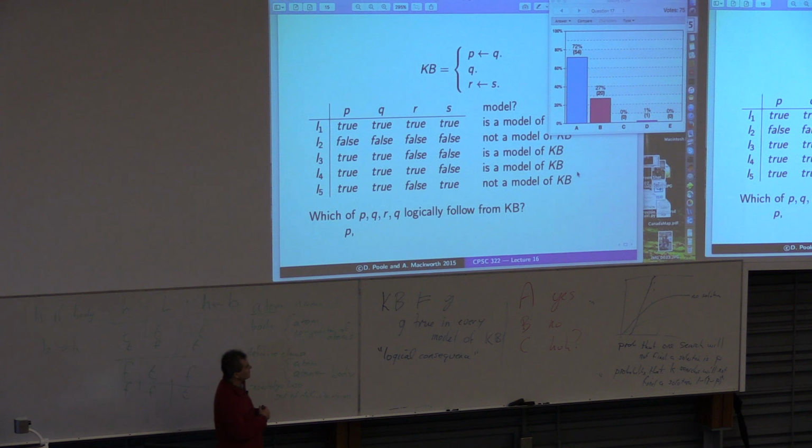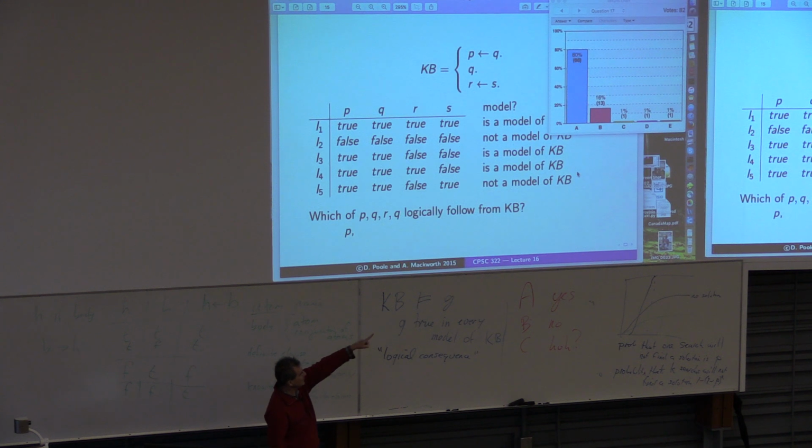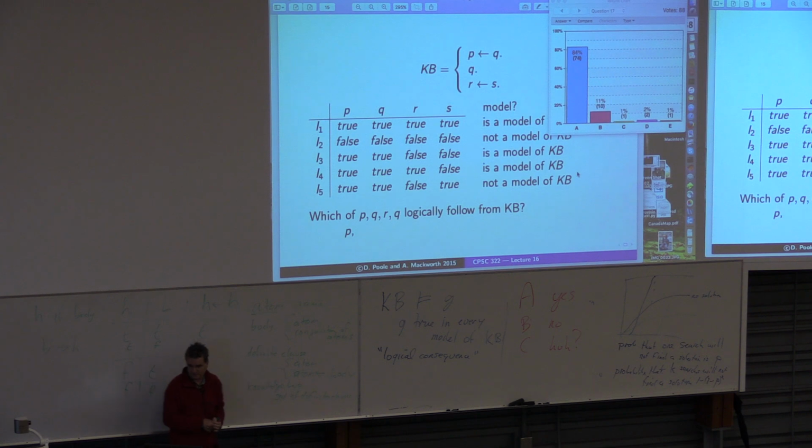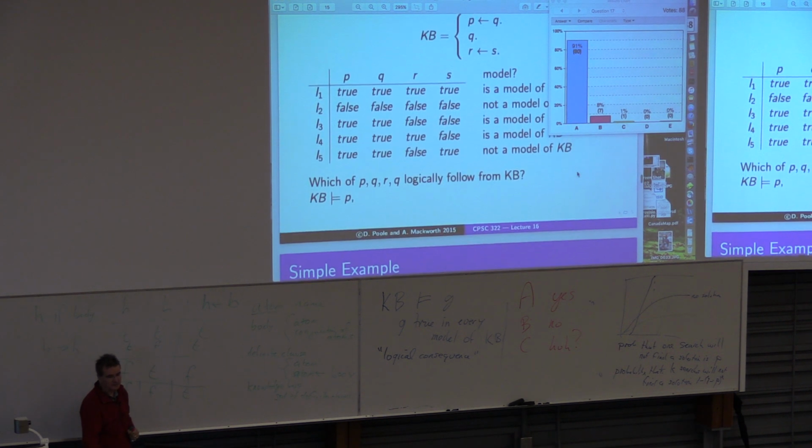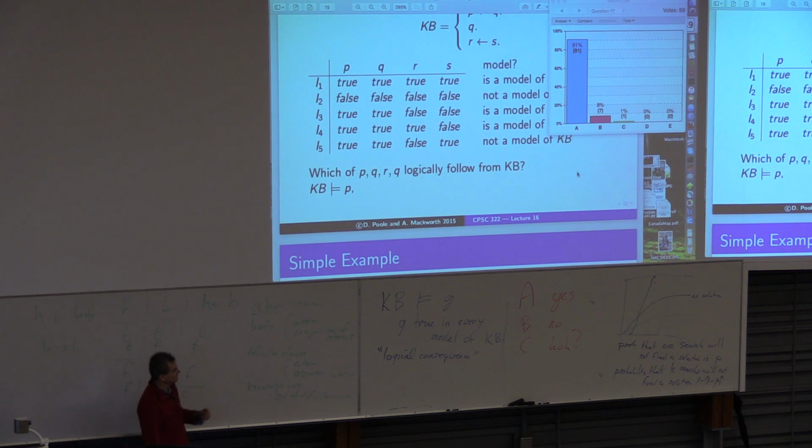Is there a model in which P is false? Q is true in every model, and P is true whenever Q is true, so P must be true in every model. Does that make sense? So the answer is yes. The knowledge base logically entails P.